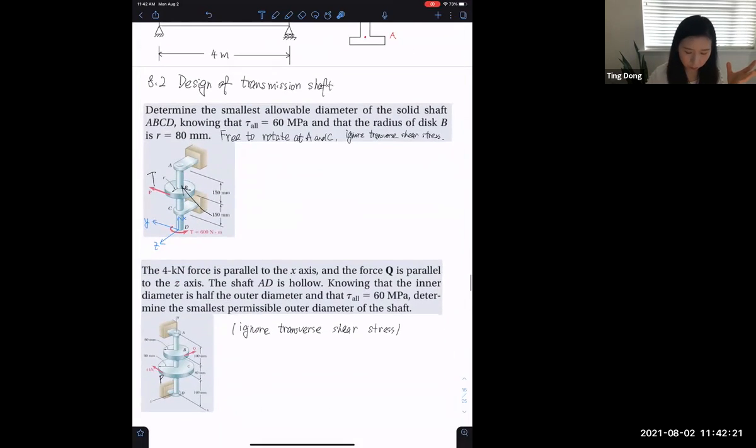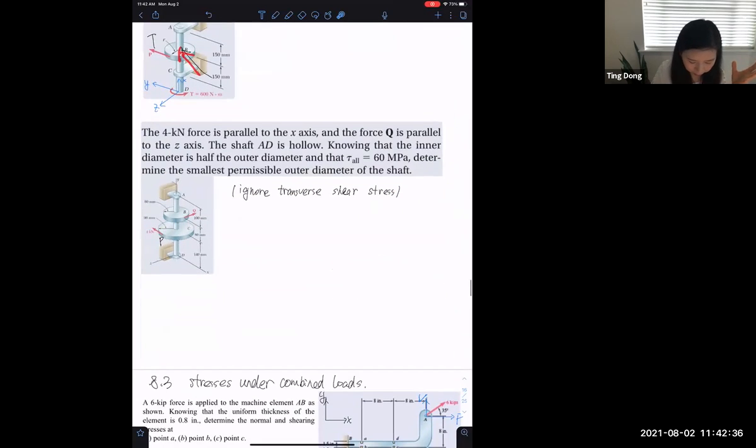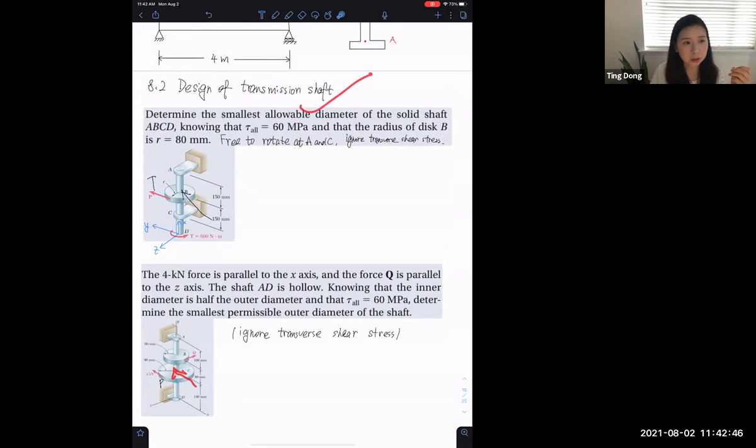So for this section, since we ignore the transverse shear, it is basically a combination of torsion and bending. Same thing here, it has bending in this plane and also bending in this plane, and then we combine it with the torque. So this is the second section of this chapter.